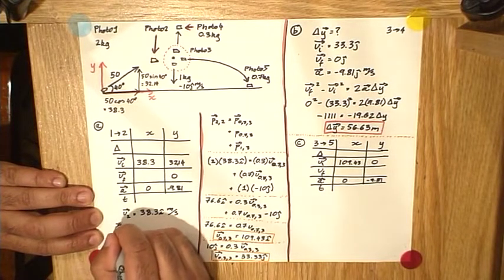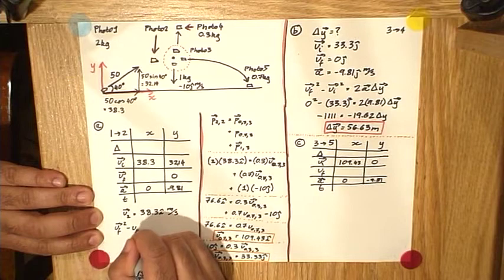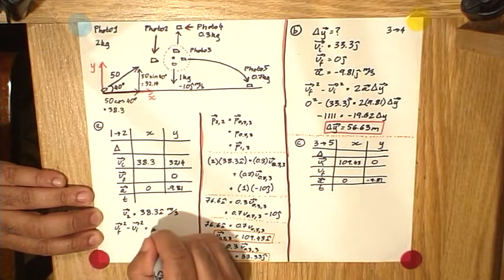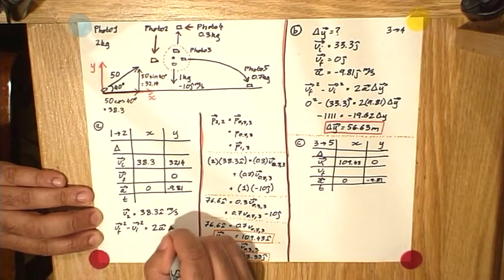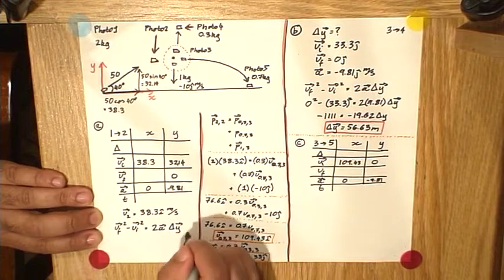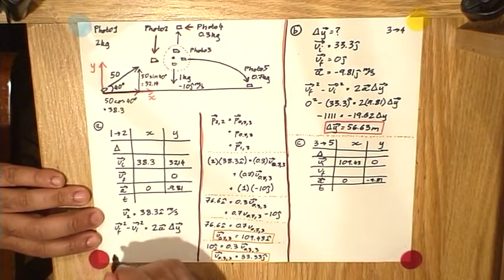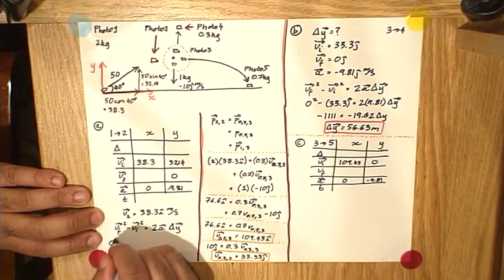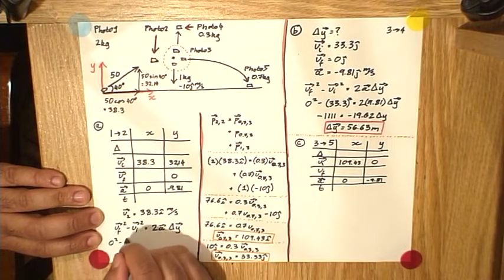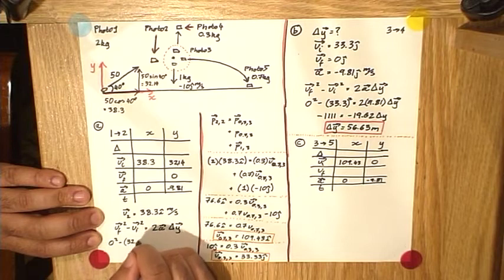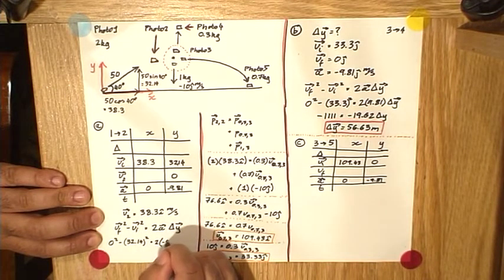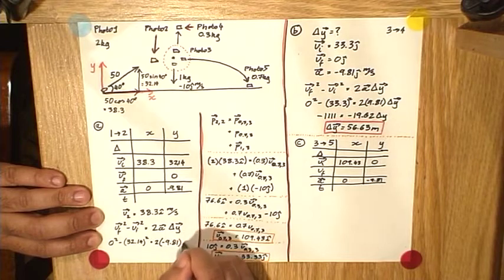V final squared minus v initial squared is equal to 2 times acceleration times delta y. Now I only have so much space over here, so I'm just going to write this in a little bit of shorthand. V final squared is 0 squared minus v initial is 32.14 squared is equal to 2 times acceleration, negative 9.81, times delta y.